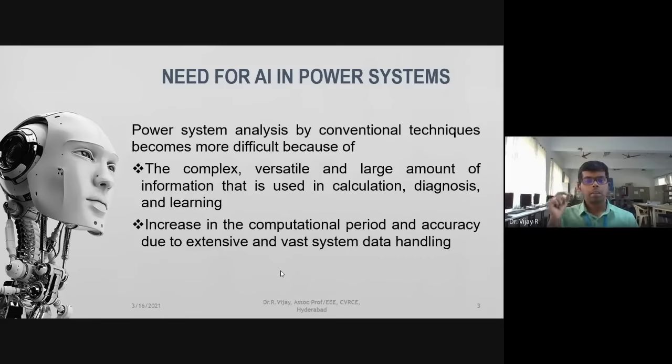I also need to know how many generators are connected: how many thermal, how many hydro, how many nuclear. In which time the nuclear has to be on, and in which time the thermal generating unit has to be on. Everything I need to predict.